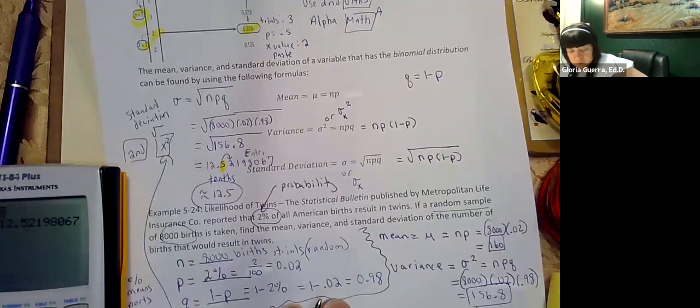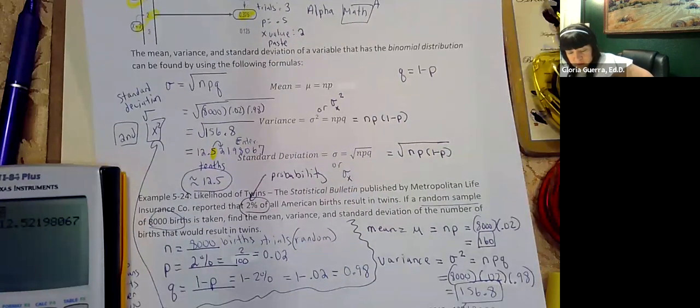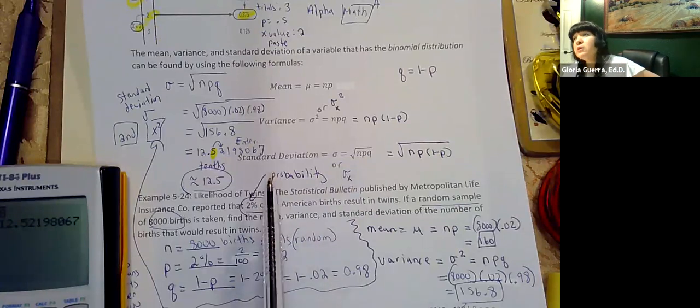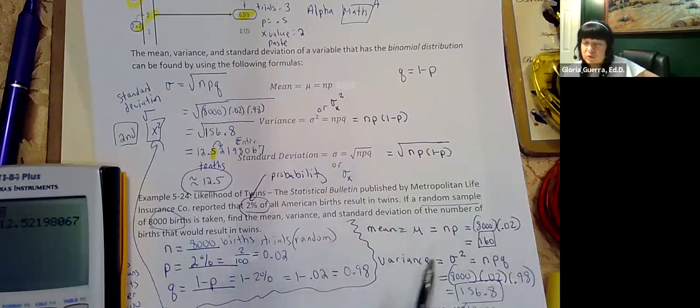Yeah, so as far as these rounding, because it's mean, and variance and standard deviation, remember, they're not like the probability distributions where you round those to thousands. This is mean, standard deviation, variance. You round one decimal place beyond how your data is given.